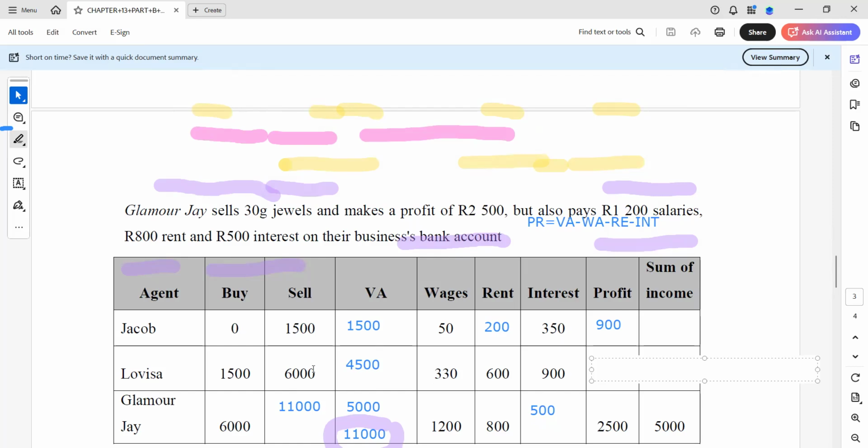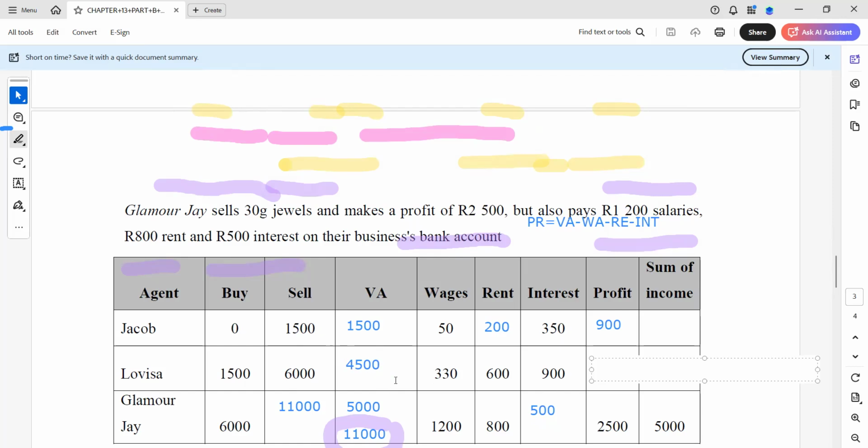Obviously, if you buy goods for 1,500, you can't sell them for 1,500 again. You have to sell them at a higher price so that you can also make a profit. The sales he made from selling these goods minus the cost of these goods gives you 4,500, which is the value added.